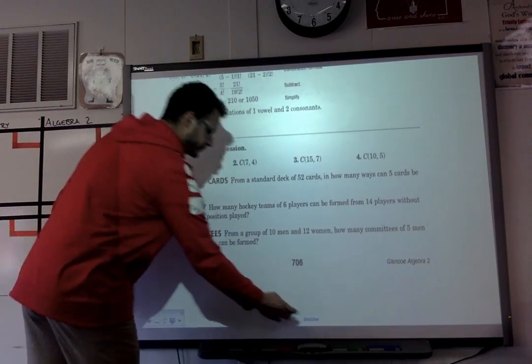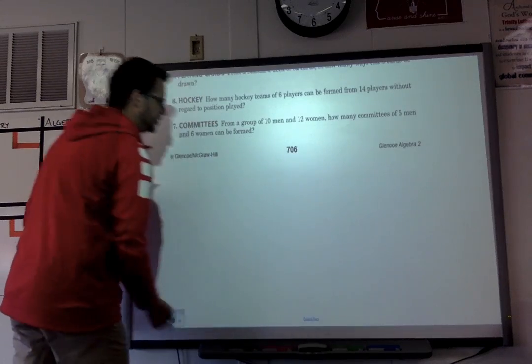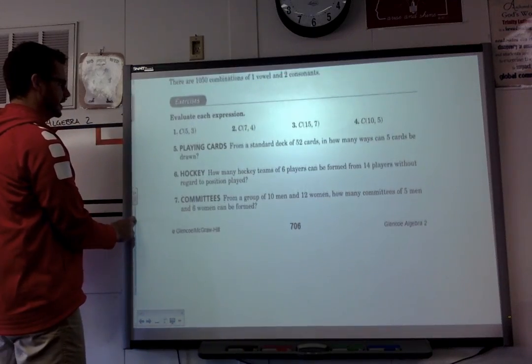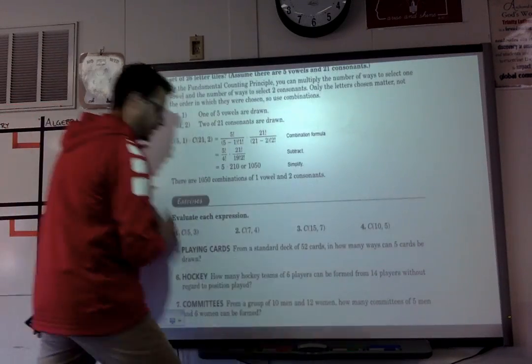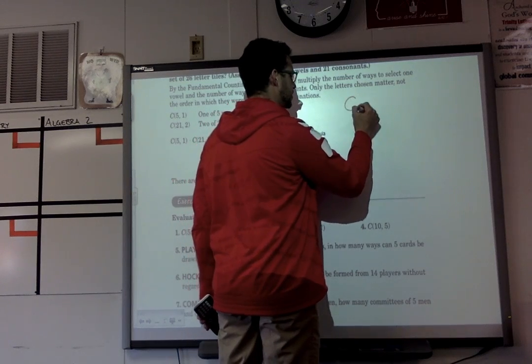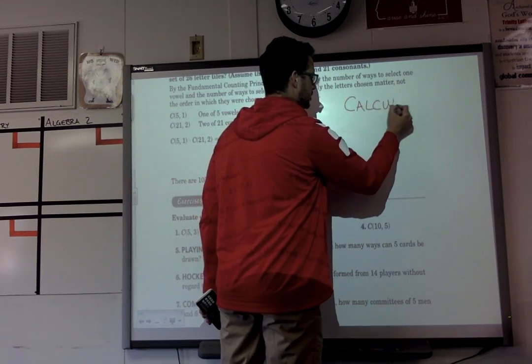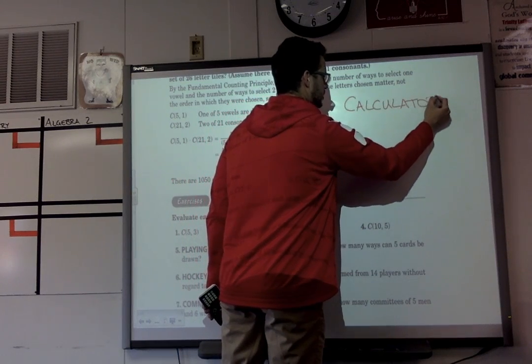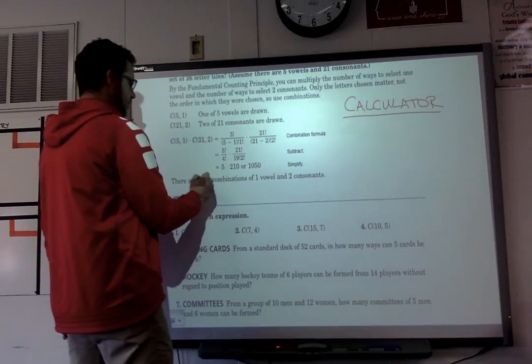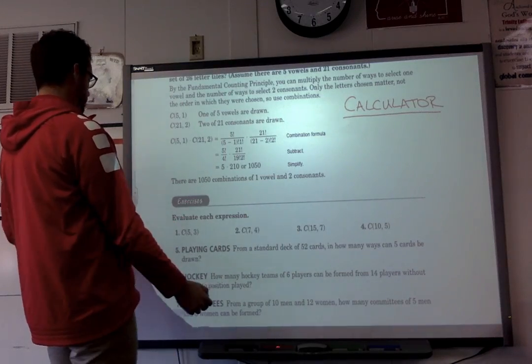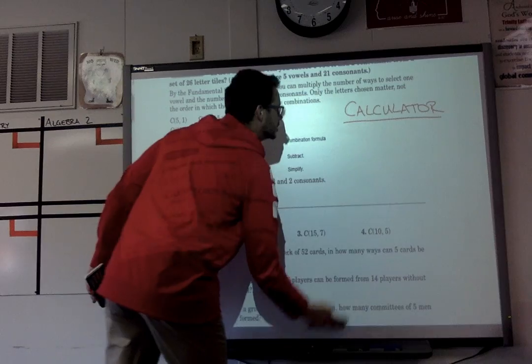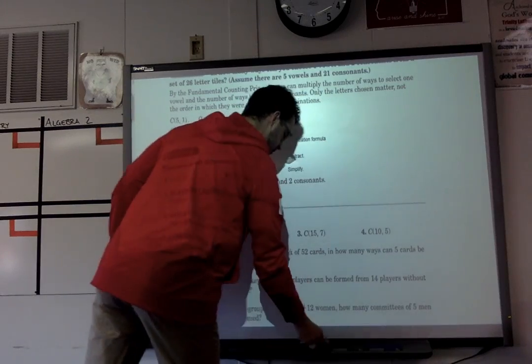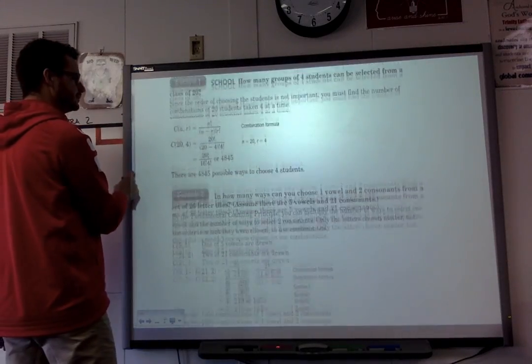So here, again, two different ways of being able to do this on our calculator. The first way, I'll do it up on the first example.